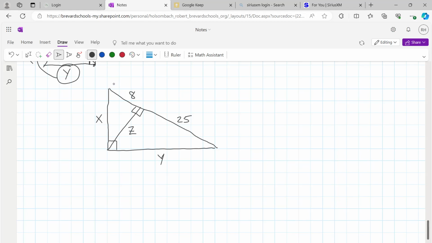All right, again, we're going to take this entire hypotenuse, and the length of it will be equal to 8 times 25. No, it won't. It's 8 plus 25. That whole hypotenuse is equal to the sum of those two, so that's 33.